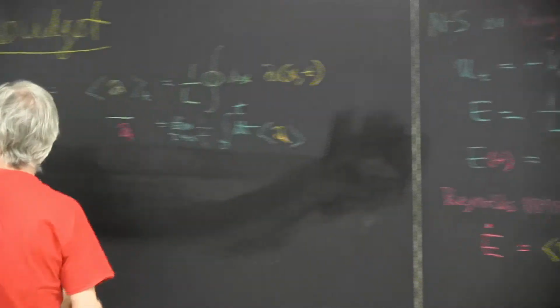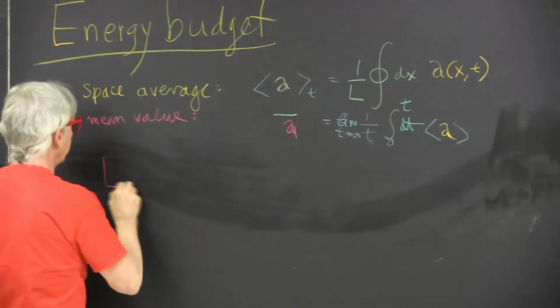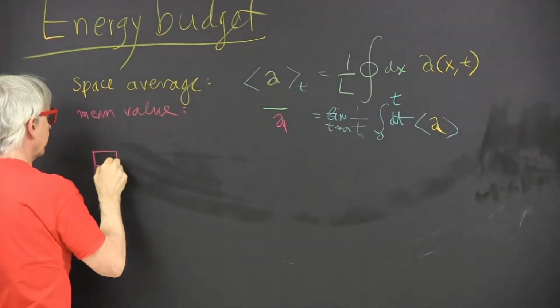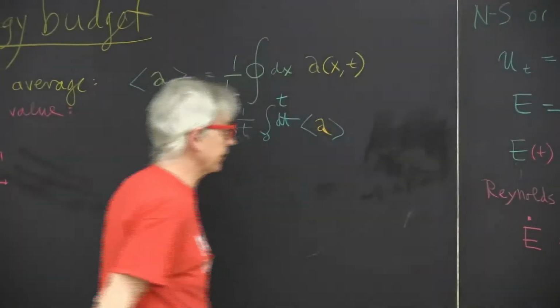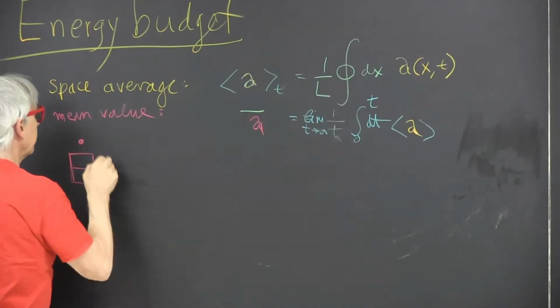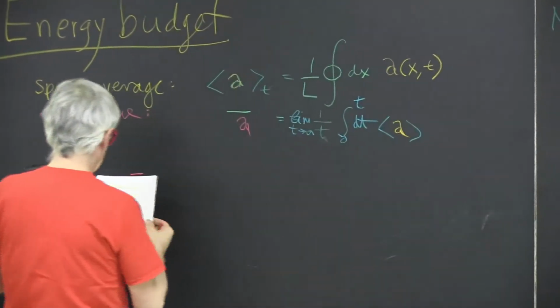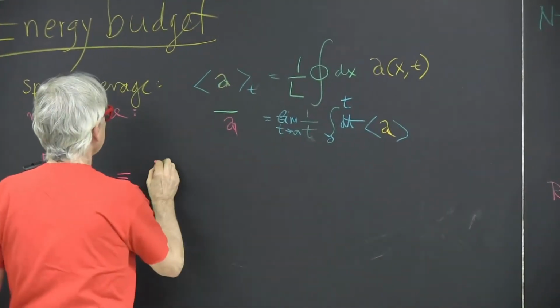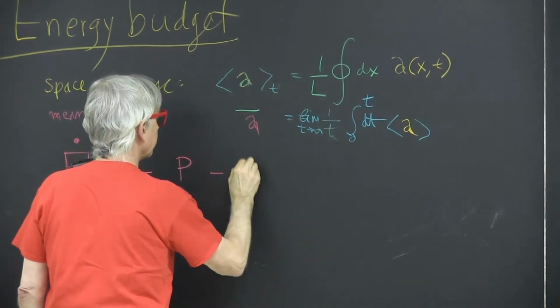We get that the mean energy in our system, the energy being interpreted as the motion of the front itself, velocity squared, in time, has two contributions, and we'll give them names. One we'll call power, the other one we'll call dissipation.